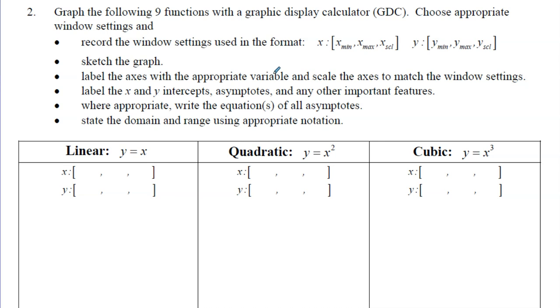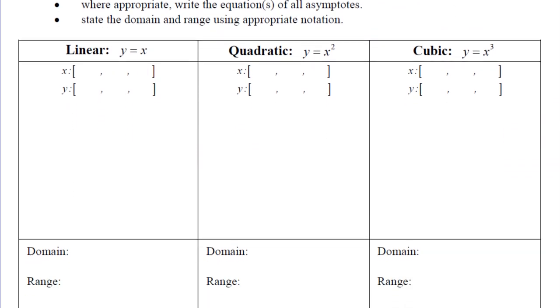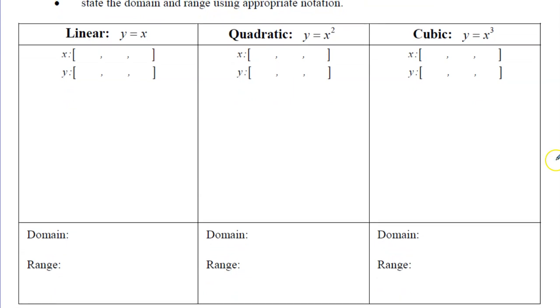Label the x and y intercepts, asymptotes, and any other important features. Where appropriate, write the equations of all asymptotes, and state the domain and range using appropriate notation. And for a diploma, the appropriate notation is the full write-up of domain and range. So just something to keep in mind.